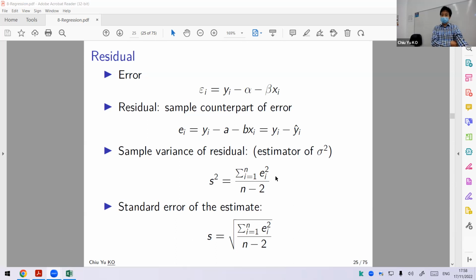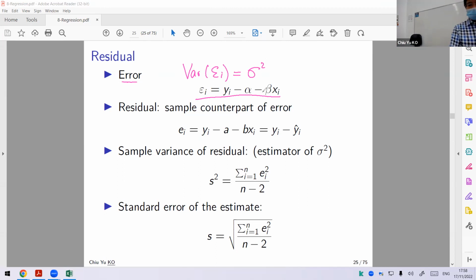So how can we estimate the epsilon, so sigma? Remember, this is the error, and we say the variance of epsilon i is sigma square. This is the assumption when we run the regression. So how can we estimate sigma square?